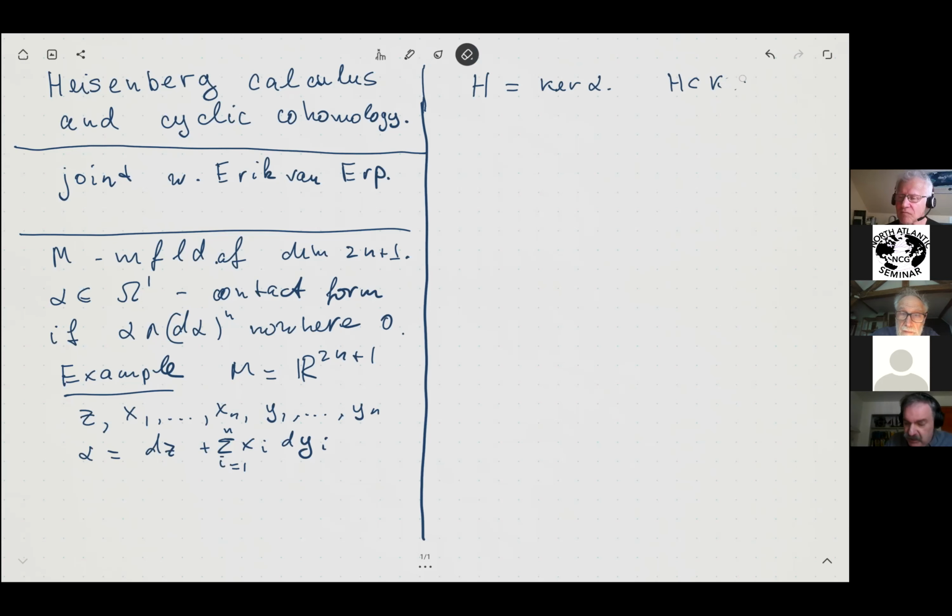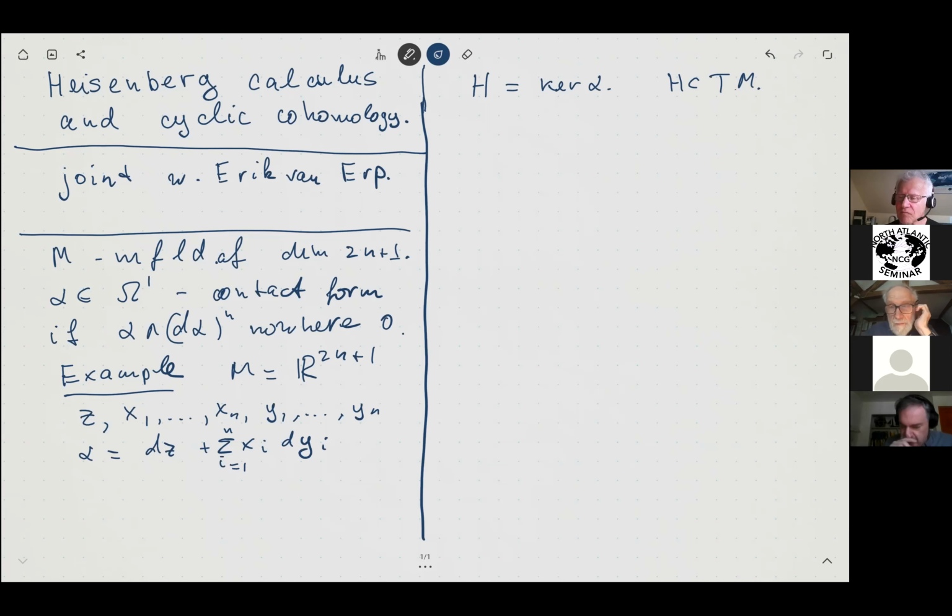The contact condition means that this subbundle is as non-integrable as it can be.